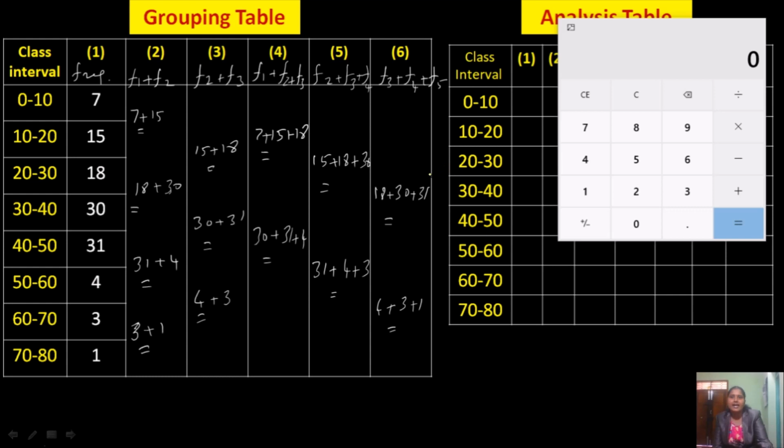Now we have to add the values. Adding 7 with 15, we have 22. 18 plus 30, we have 48.